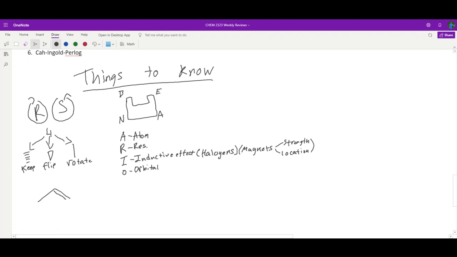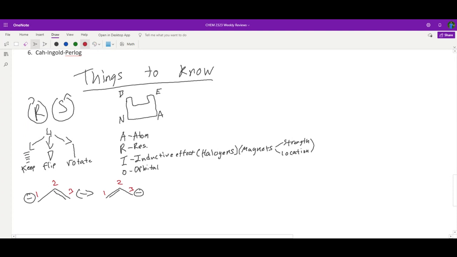Remember how to resonate. I always use this model, and it's really important to number your atoms in this model. All that's happening is atom 1 and atom 3 are flipping in terms of charge. But the middle atom, atom 2, is like a lever.